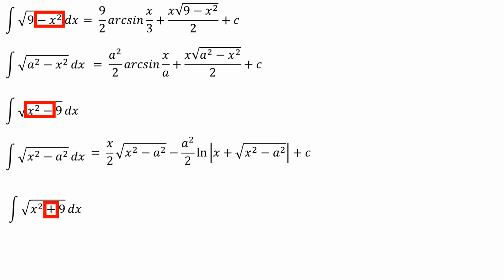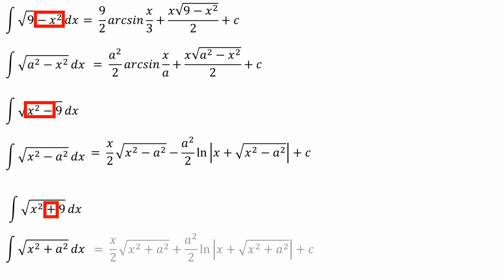Notice instead of arc sine, we end up using natural log. And then for the last one, where we've got addition in the middle, our generic format is x squared plus a squared inside the square root. And again, notice that we are using natural log.